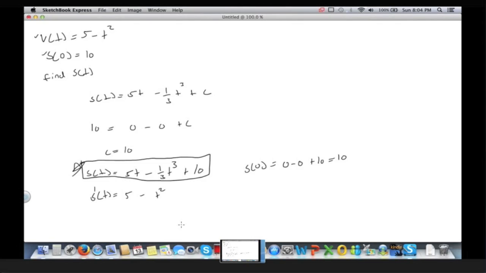So this is, I guess, the first time that we've seen what the practical use of antiderivatives is. Mostly we've been focusing on the mechanics of antiderivatives, but this is almost like a little word problem that shows the practical use of antiderivatives. If you know the velocity of the particle, you can use the antiderivative to find the position of the particle.